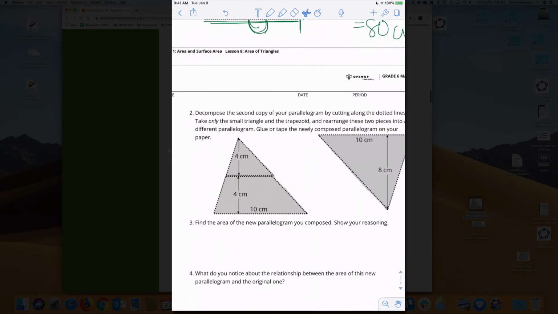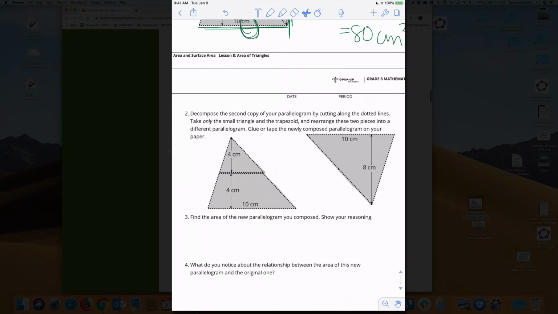Now here, the directions are we got to take it and we got to cut all along the dotted lines right here. Cut up all the dotted lines. And then we're only going to take the small triangle and the trapezoid. Now, parents and teachers, heads up. Honestly, full disclosure, I misread it. I thought I was just supposed to create this triangle and this whole triangle.